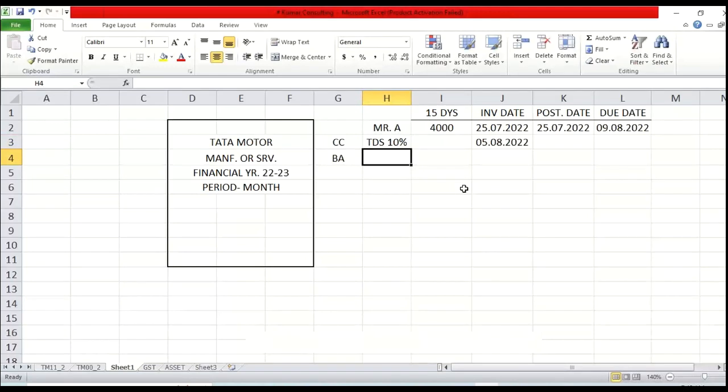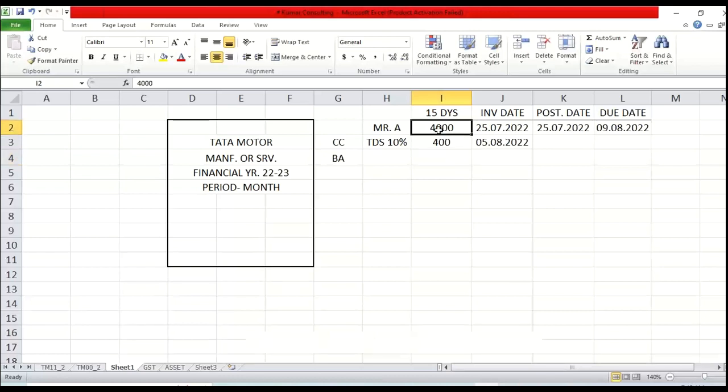Generally, 10% TDS means that if we have received a 4,000 worth invoice, 400 TDS is going to be deducted. There will be a detailed session on how it is going to be configured in SAP, which we will discuss in detail.